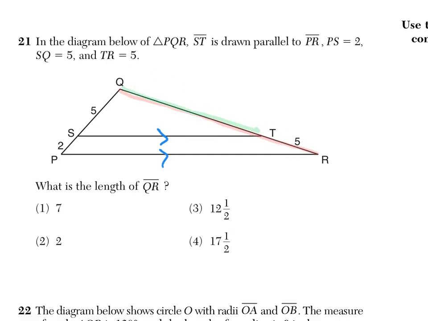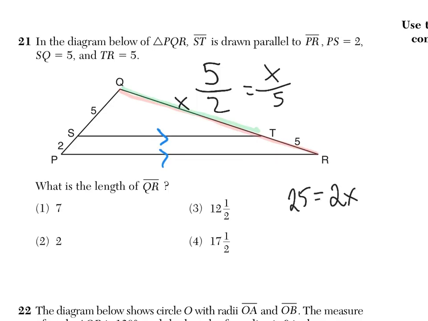So that's QS, which is 5, over SP, which is 2, equals, we don't know what QT is, so I'm simply going to call it x, over TR, which is 5. Great. Now we cross multiply: 5 times 5 is 25 equals 2x. That means that x is 12.5.